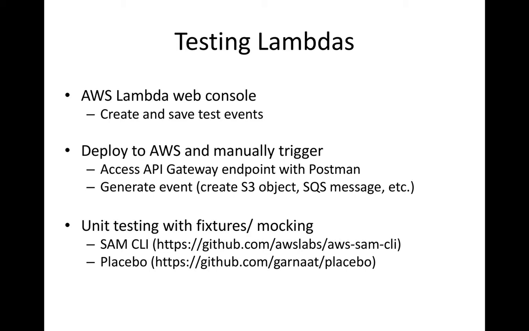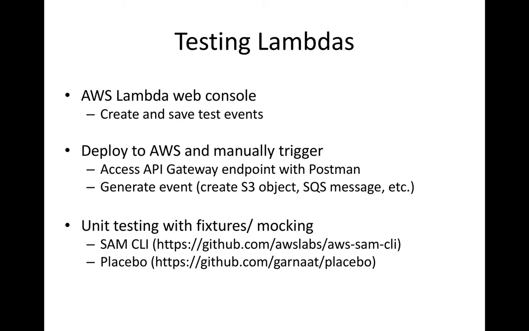You can use the AWS Lambda web console to create test events and simulate the invocation of your Lambda function. When you simulate the invocation, you can pass in an event object that you create for testing purposes. That can be an easy way to test the invocation of your Lambda function and verify that it does what you expect it to do.